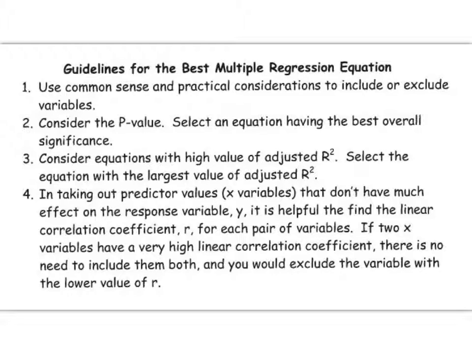An increase of one is going to have an increase in the other, and that causes them to interact with each other. So you would want to get rid of one of them. You would exclude the one with the lower value of r.